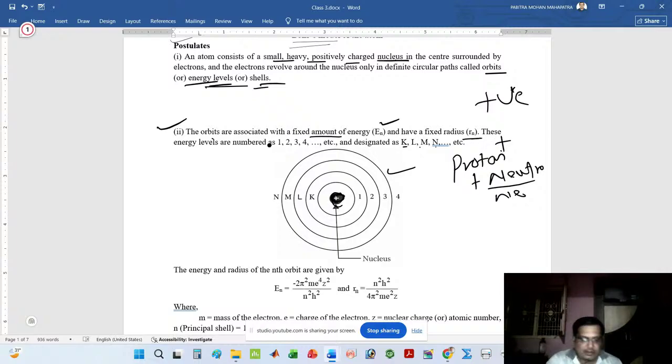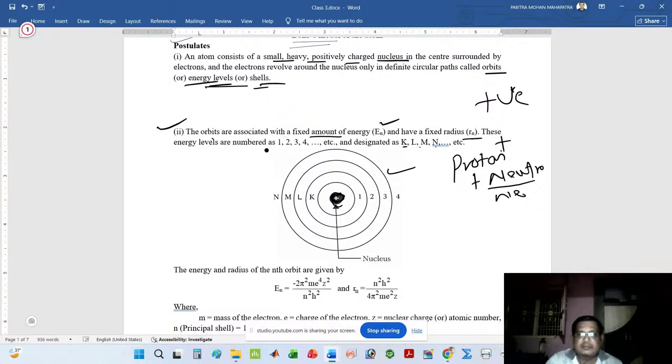But as the number of orbits increases, because day to day new elements are discovered, new orbits are necessary to explain the structure of the atom. There was a problem: how will the shells be numbered?